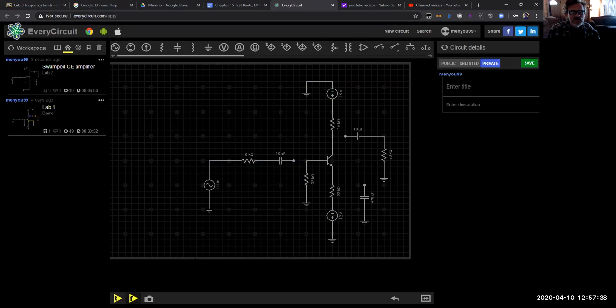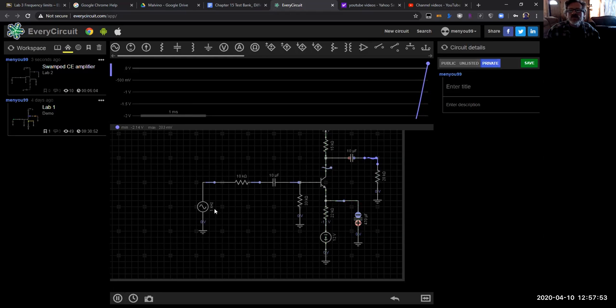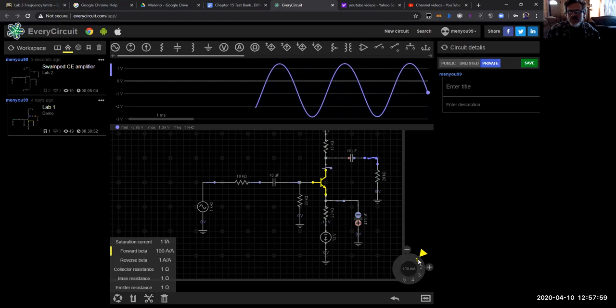Let me stop that. Varying the value of beta did have an effect on what my signal was, right? So if we observe, okay, where's my output? It's there. And then we go ahead and change what our beta value was.